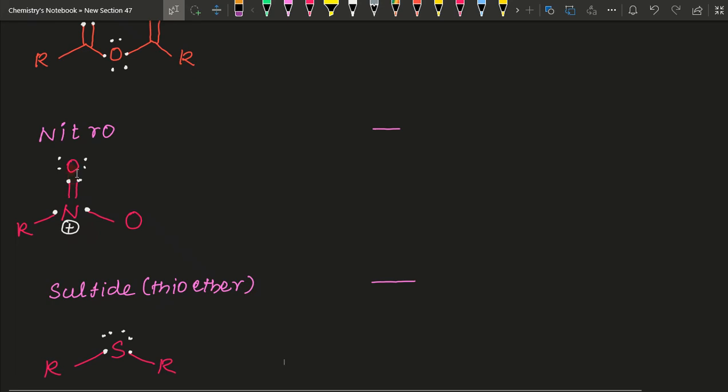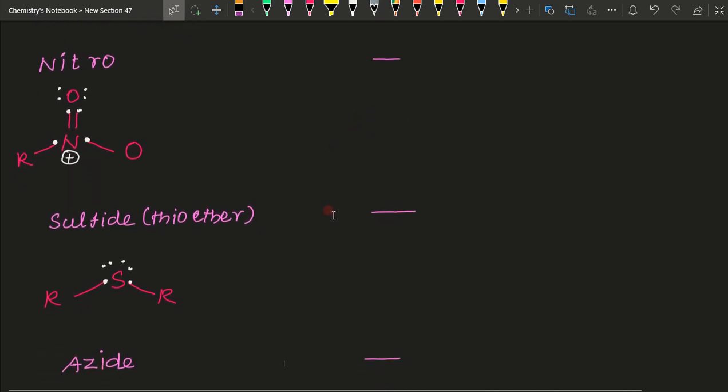Here see, the oxygen is a more electronegative element, so the oxygen pulls the electron from this nitrogen, so this nitrogen attains a partially positive charge. There is also no other substituent name.